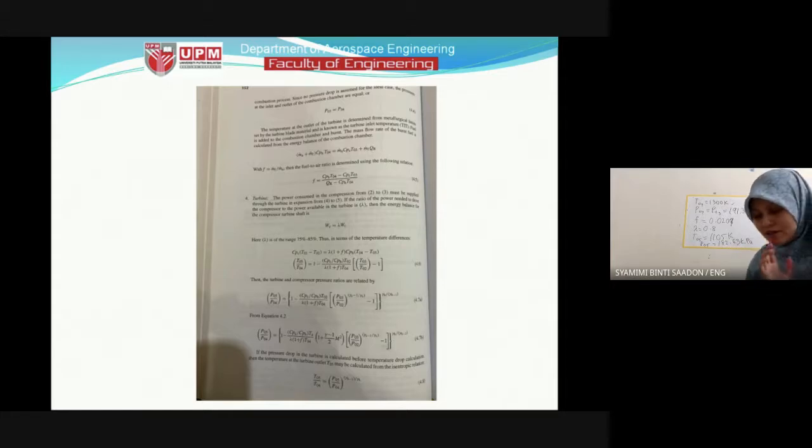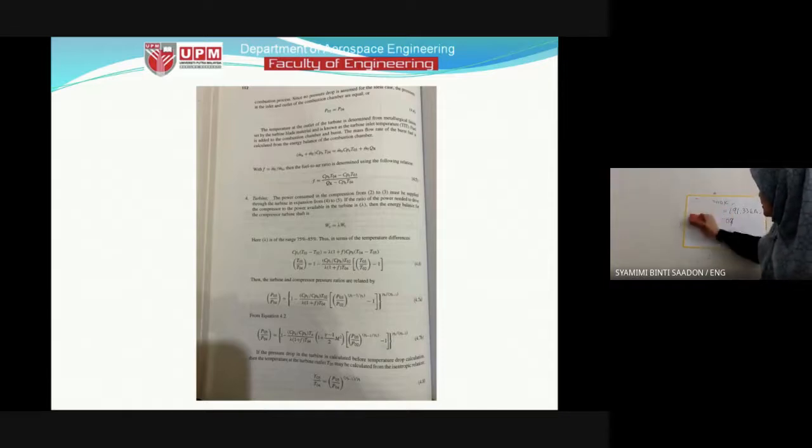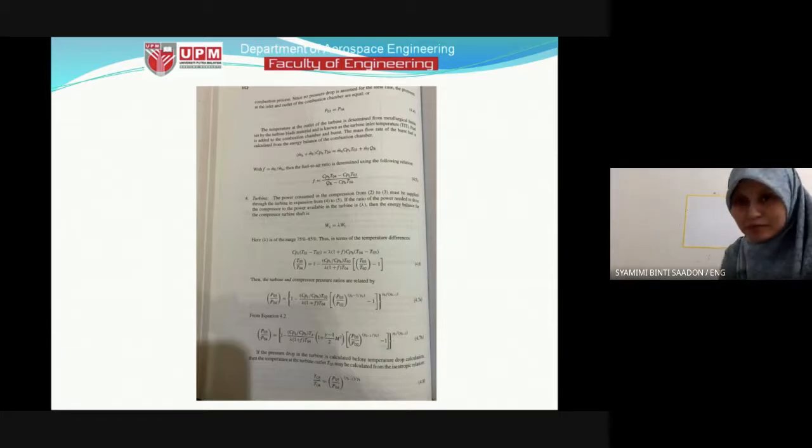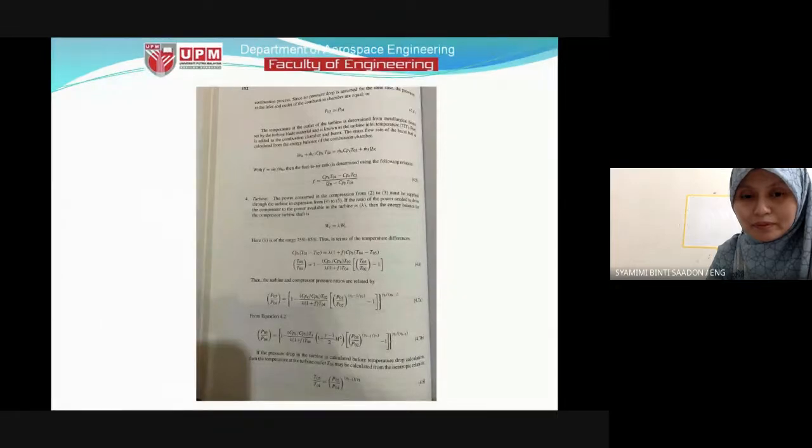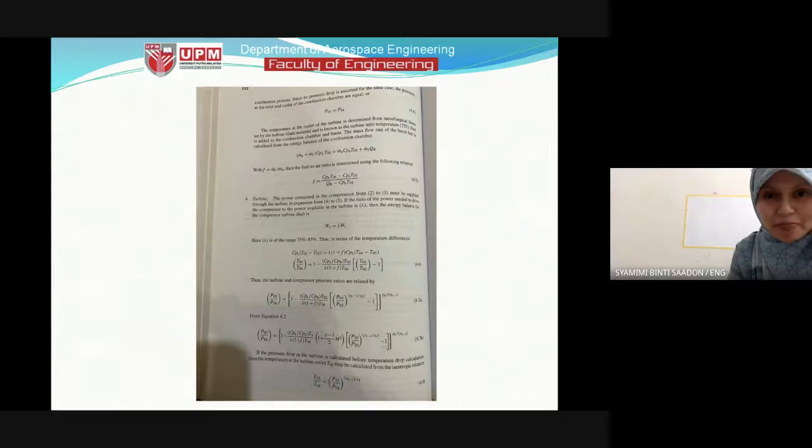And last one, 0.7. We want to deduce that the nozzle is choked. So we check if the nozzle is choked.